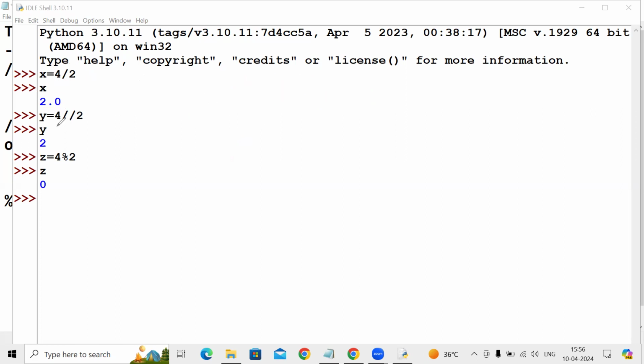And here I took floor division, also called truncating division or integer division operator. Previously it gave 2.0, but here it gives only 2. Again, I will explain with one more example. Suppose y equal to 5 floor division by 2, and I am printing the value y. I hope you understand what floor division and float division are.